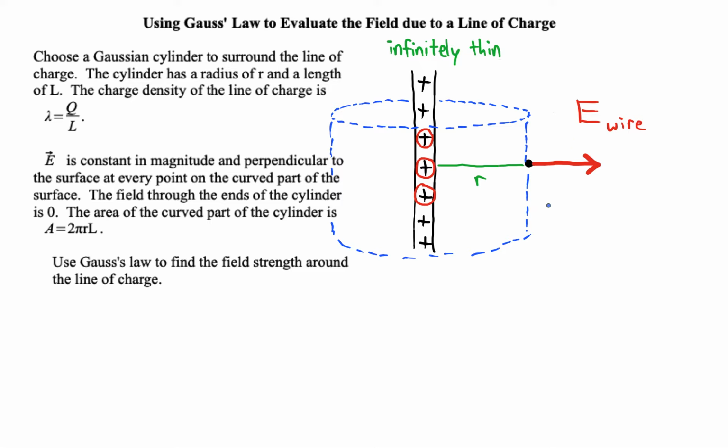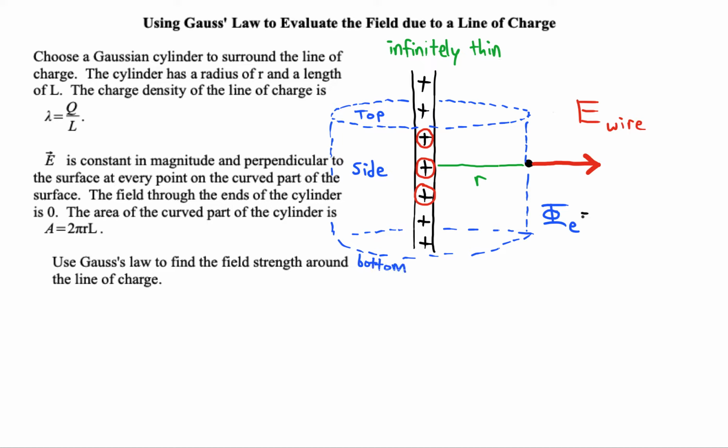And we have to think about what kind of flux we expect to get out of each of the surfaces of that cylinder. Our cylinder will have a top and a side, and also a bottom.